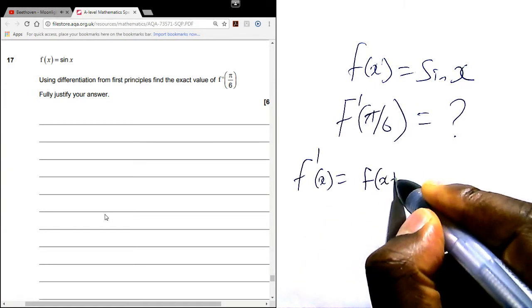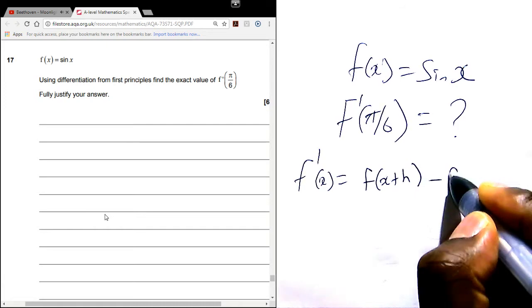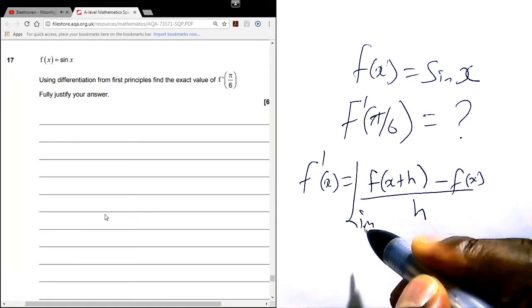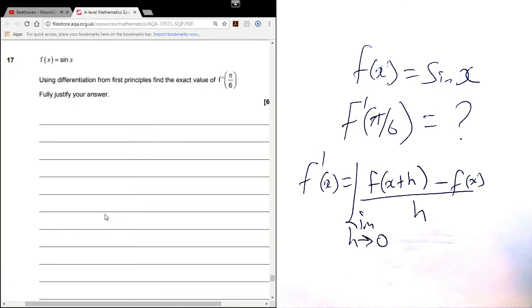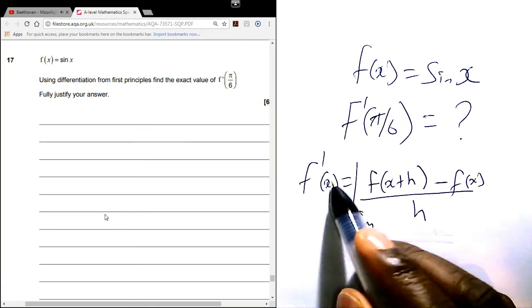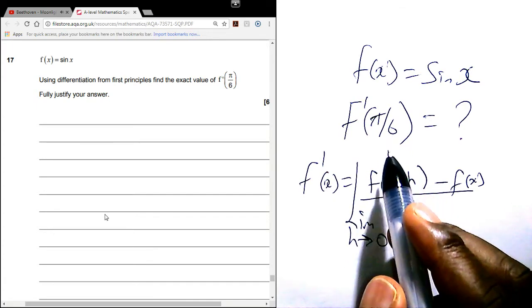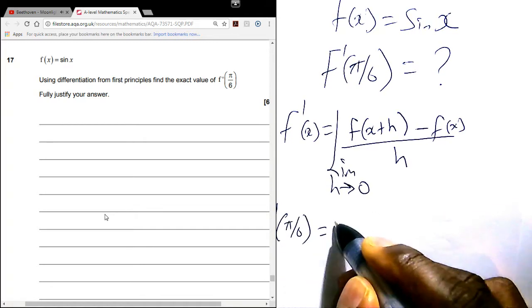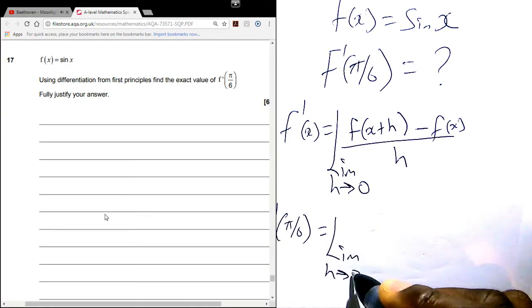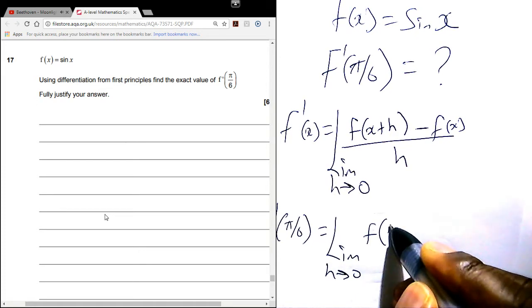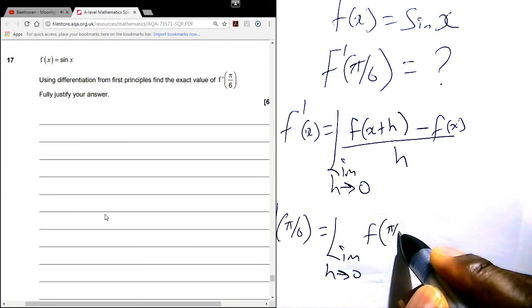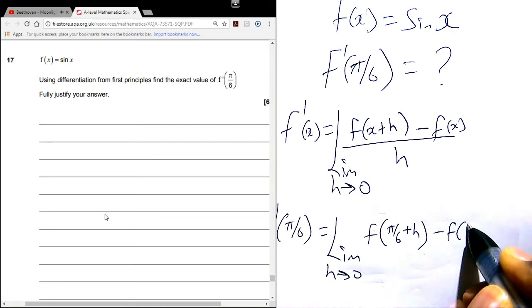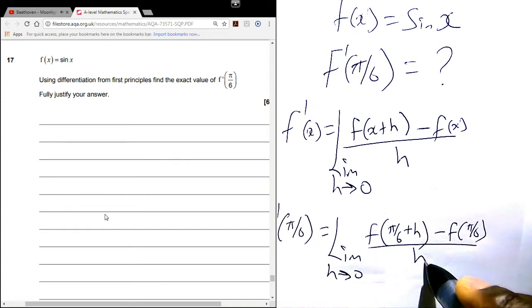So by first principle, just stating what's written in the formula sheet, f prime of x would be the limit of f of x plus h minus f of x over h as h tends to 0. Now we don't have x, we have pi over 6. So f prime of pi over 6 will be the limit as h tends to 0 of f of pi over 6 plus h minus f of pi over 6 over h.